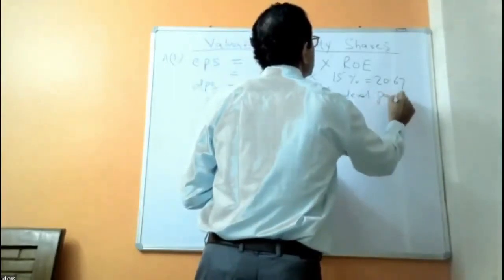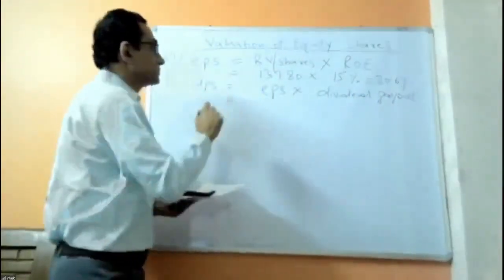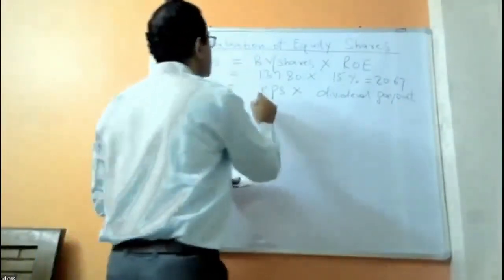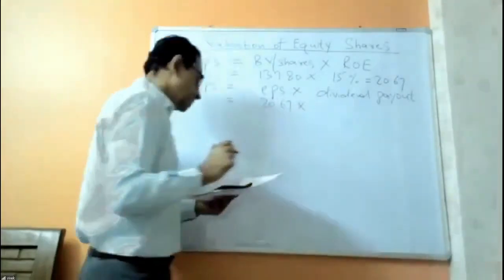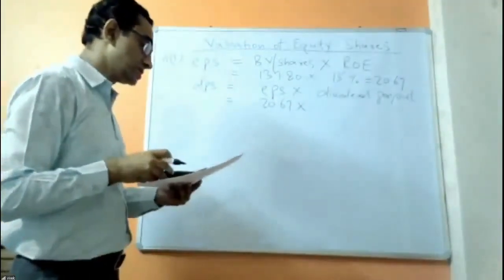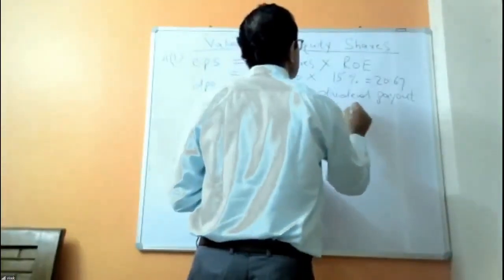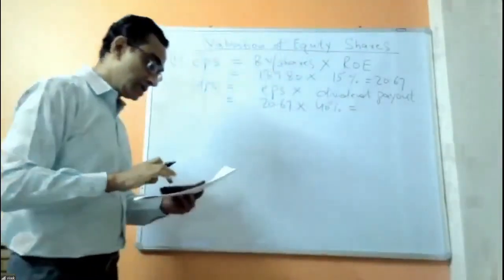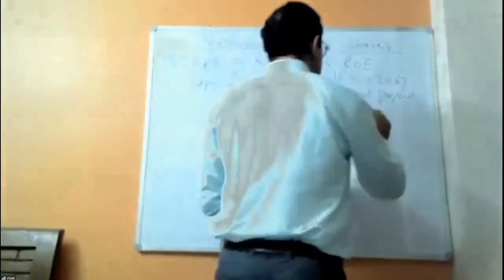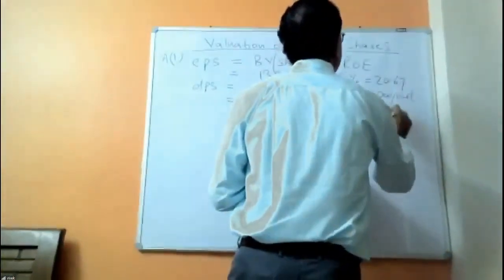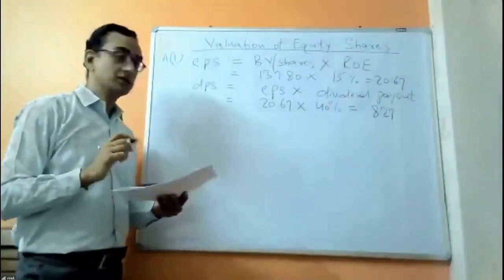EPS we have calculated, 20.67, multiplied by dividend payout, which is actually 40% because the company is retaining 60%. So let us calculate it. It is coming to 8.27. Now we have got the dividend per share.